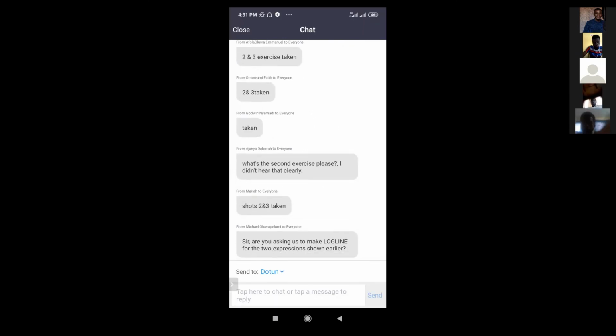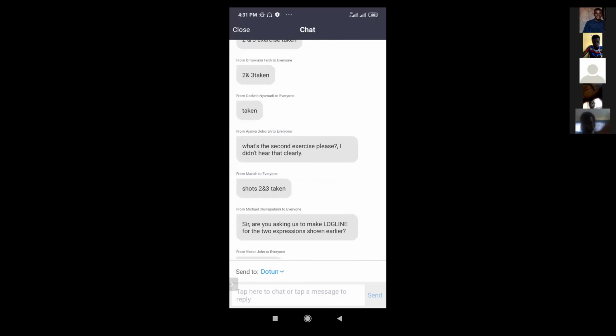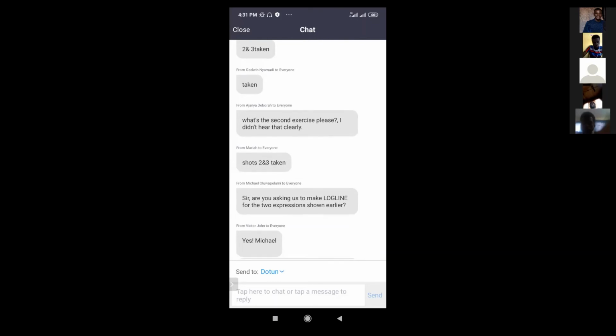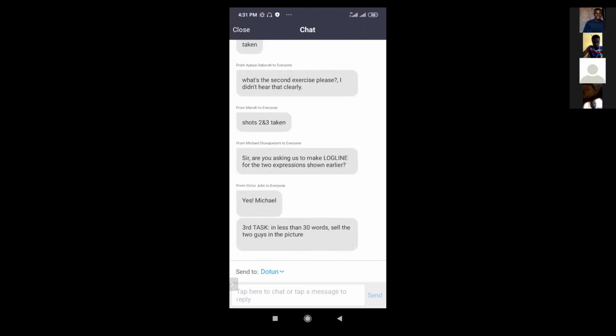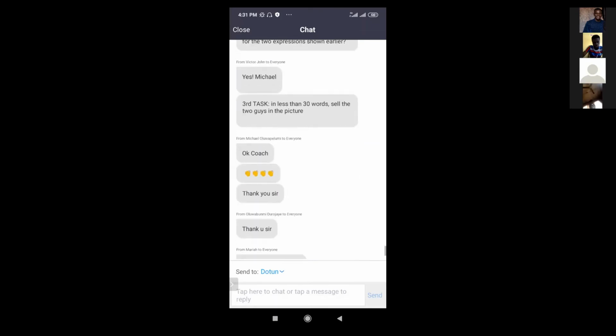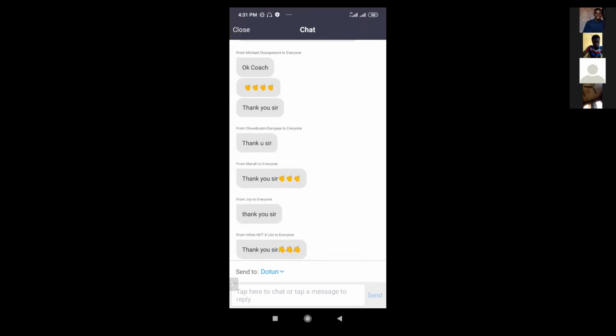The second exercise was I posted two images, two people, two faces there. So yes, you have to write a log line based on those two expressions, something very short and precise that talks about exercise 2 and exercise 3.